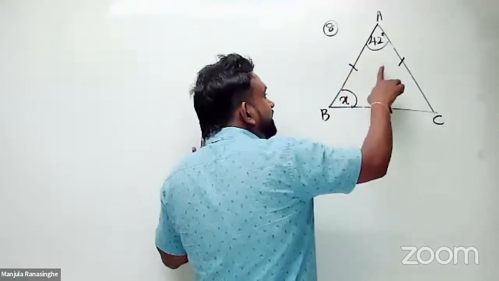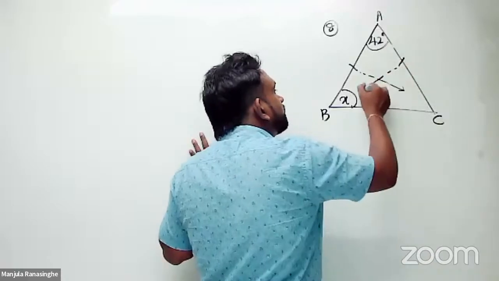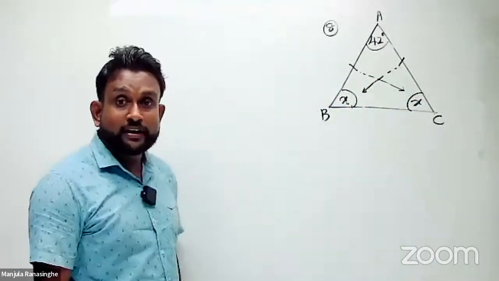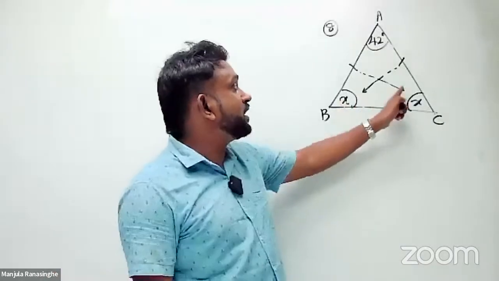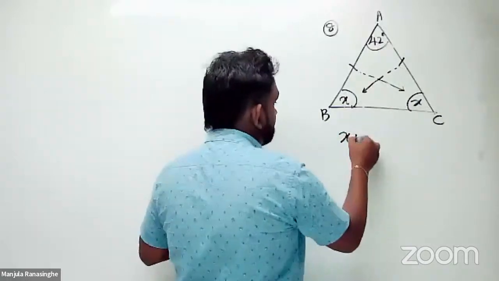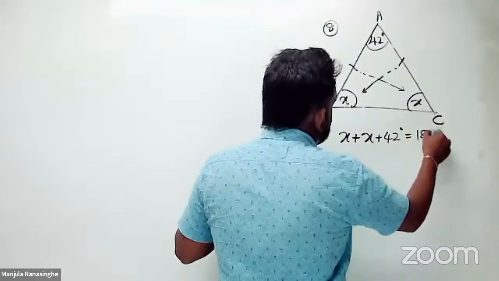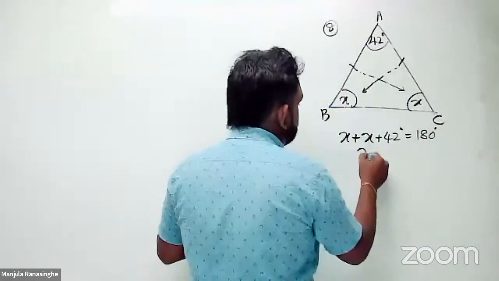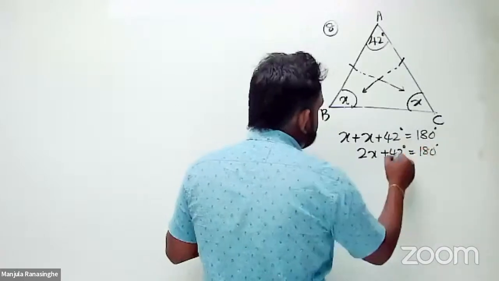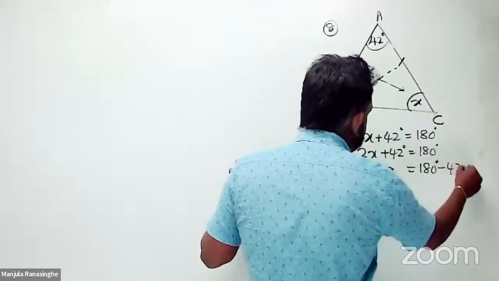Now, whenever two sides are equal, you know that their opposite angles are equal. This is x, then this is also x. Now you can see the interior angles of the triangle add up to 180 degrees. So you can write x plus x plus 42 degrees equals 180 degrees. Okay, 2x plus 42 equals 180 degrees. Then make 2x the subject: write 180, subtract 42.